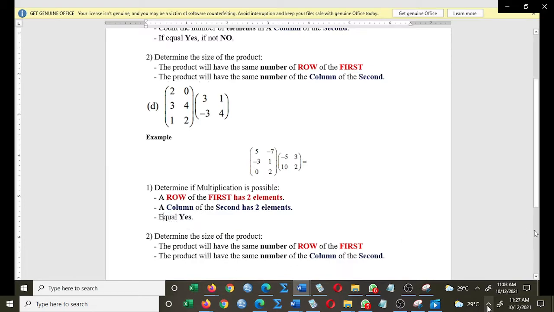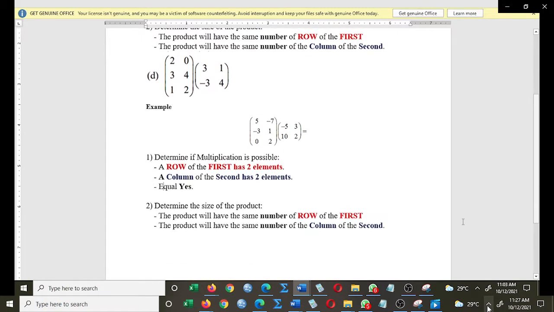Now, what about our result? The product will have the same number of rows as the first. How many rows does the first have? 3 rows. How many columns does the second one have? 2.